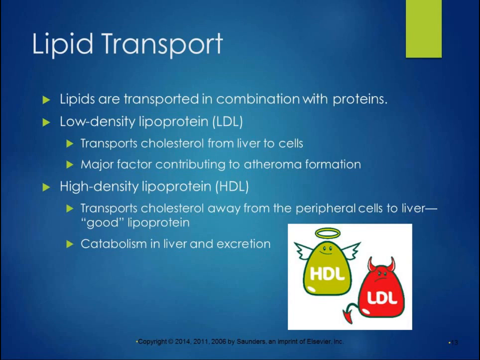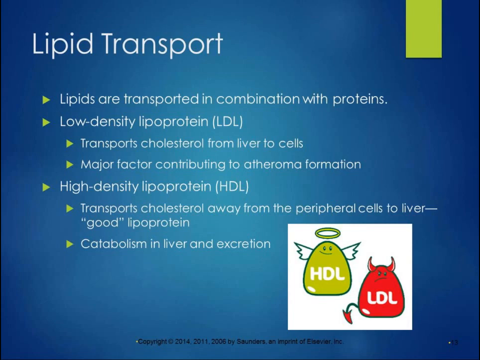LDLs can be a major factor contributing to atheroma formation. They are transporting cholesterol from the liver to the cells. High density lipoproteins transport cholesterol away from the peripheral cells to the liver. They're the good ones. They take the cholesterol to be broken down in the liver and then excreted.